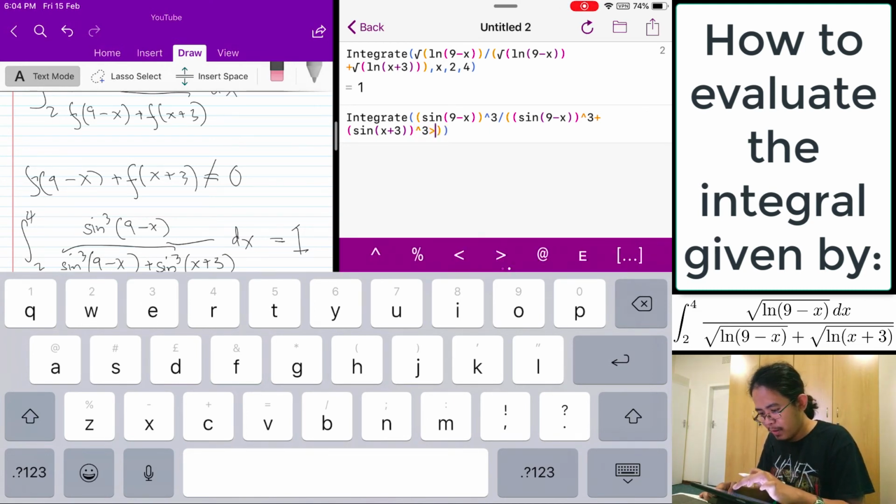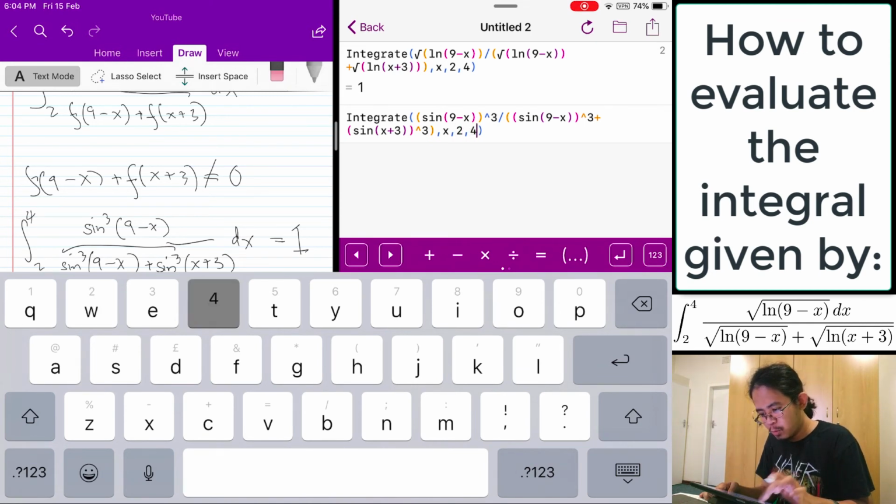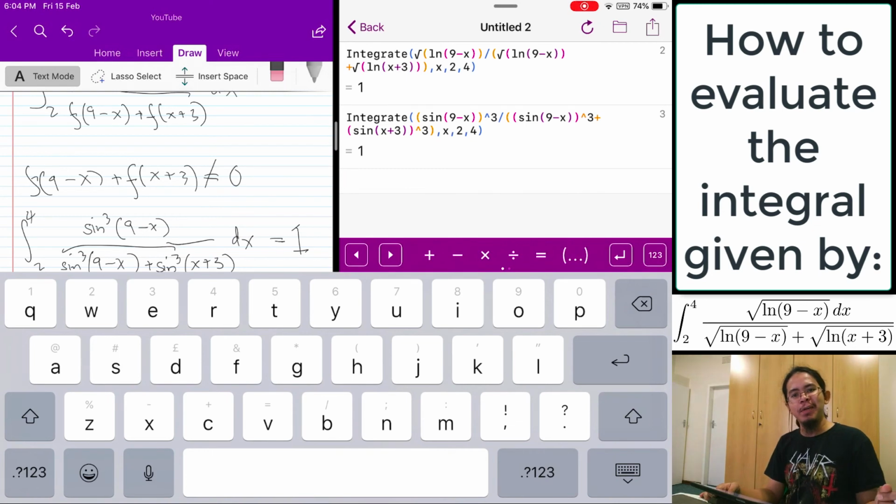Then again we evaluate x from 2 to 4, and press enter. Bam! It's still equal to 1.